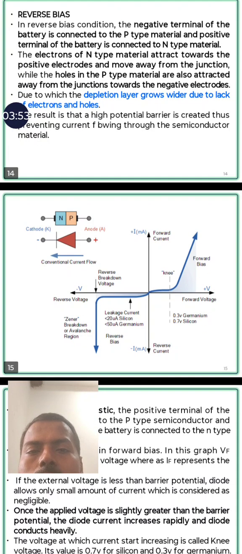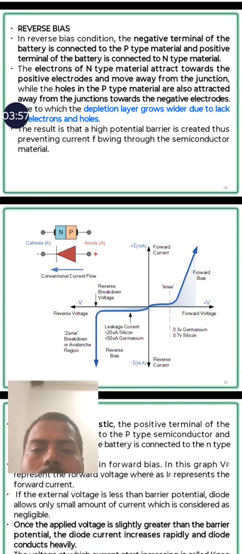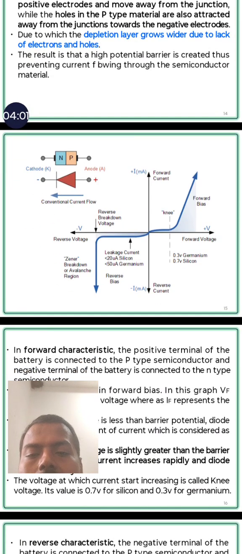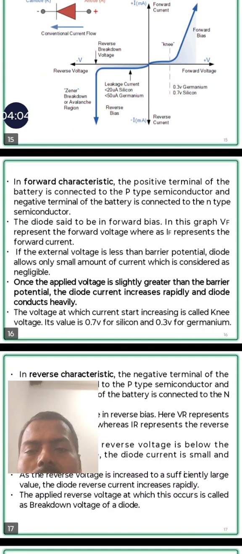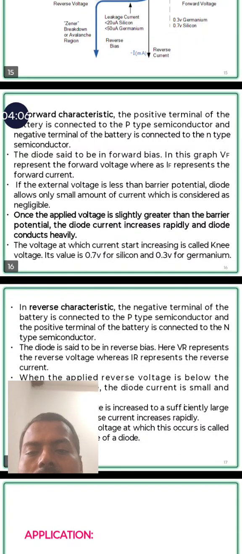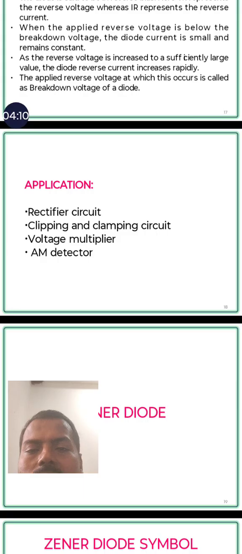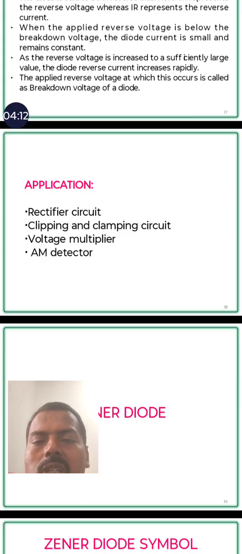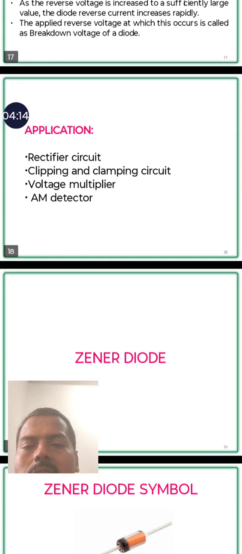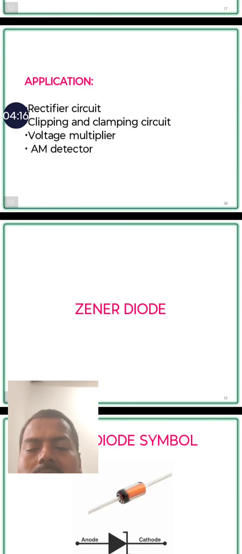The result is a high potential barrier that prevents current through the semiconductor material. The forward and reverse characteristics are also mentioned here. The applications are rectifier circuits, clipping and clamping circuits, voltage multipliers and amplitude detectors.